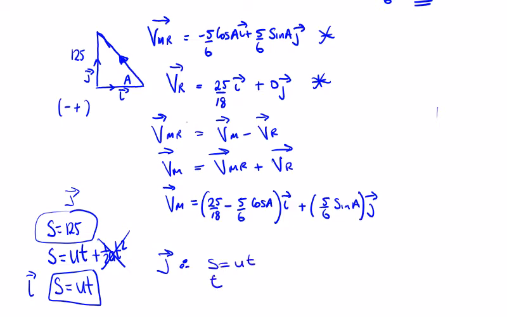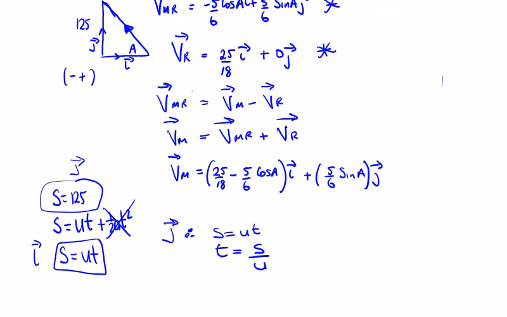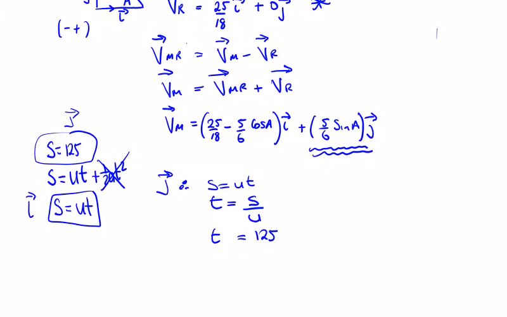So we want time. Time is equal to distance over u, the initial velocity. I have in this case my distance of 125, and my velocity in the j direction is this guy here, which is 5/6 sine alpha.